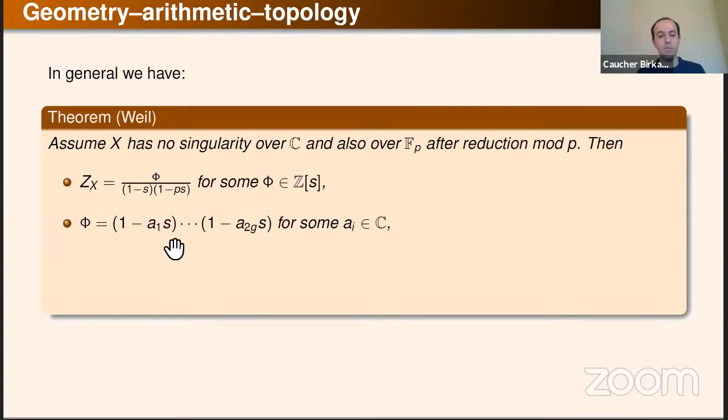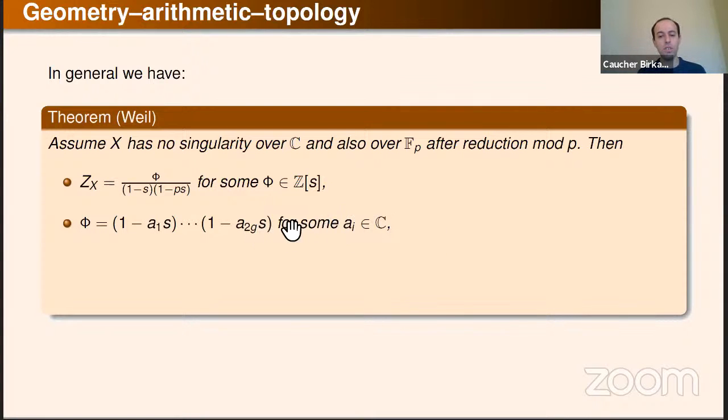Now, the fact that you have a decomposition is nothing strange, it's just the fundamental theorem of algebra. But what is important is that you have precisely 2 times g components here. In other words, the degree of this polynomial is exactly 2g.